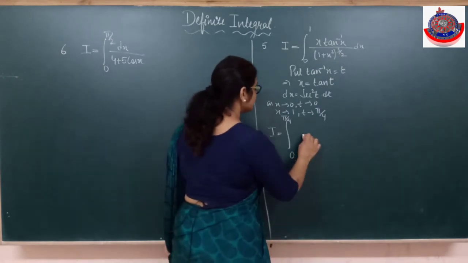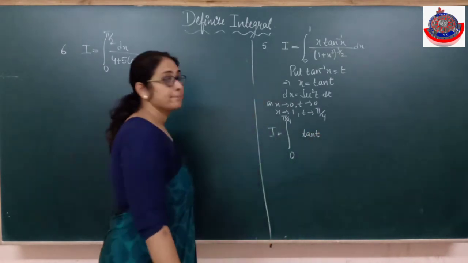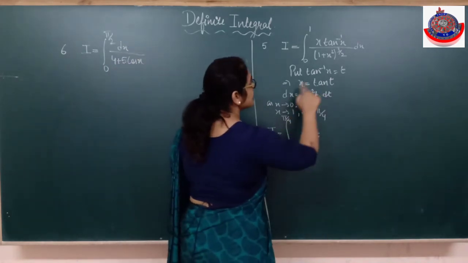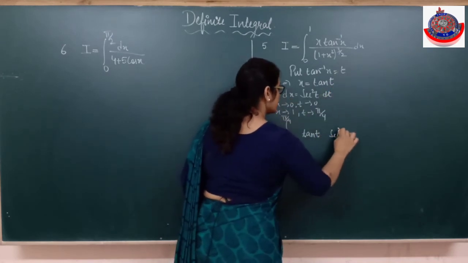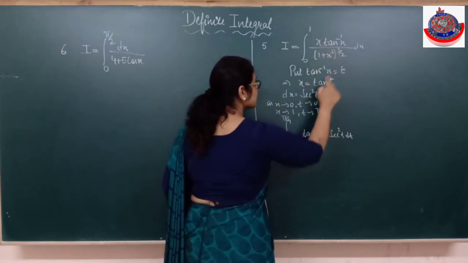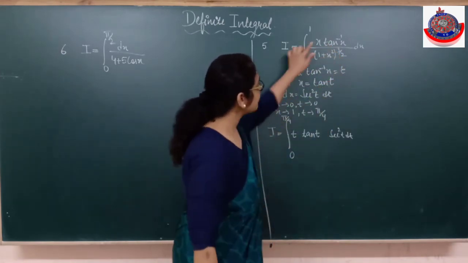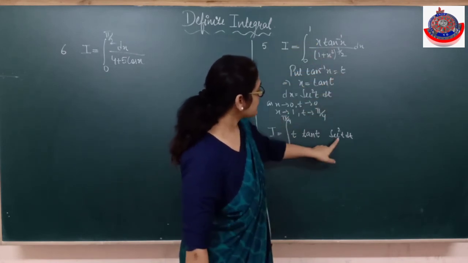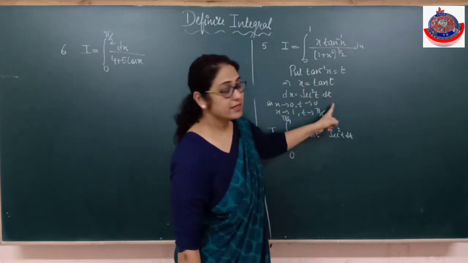Now the value of x is tan t. dx is, let's first write this, dx is secant square t dt. Tan inverse x is t and x is tan t, and dx is secant square t dt.